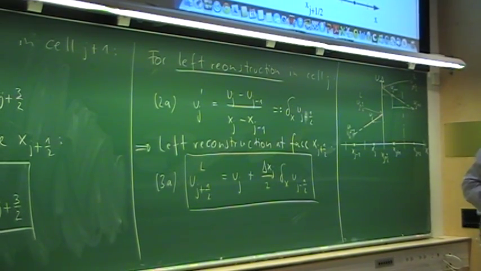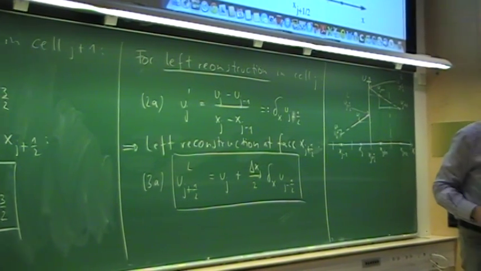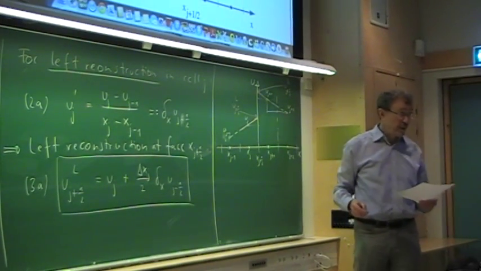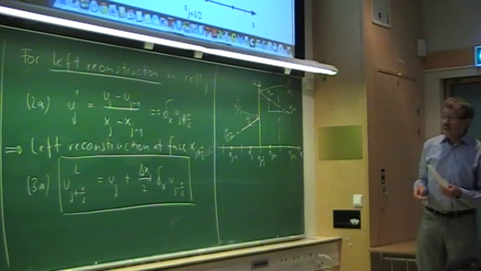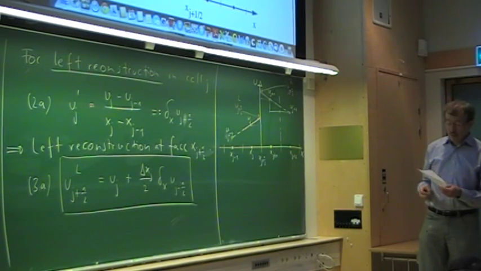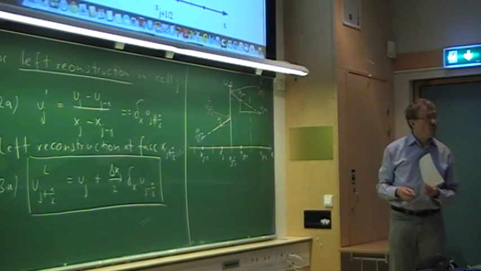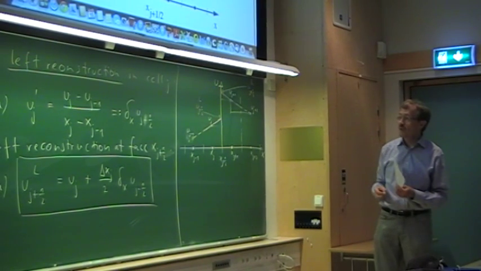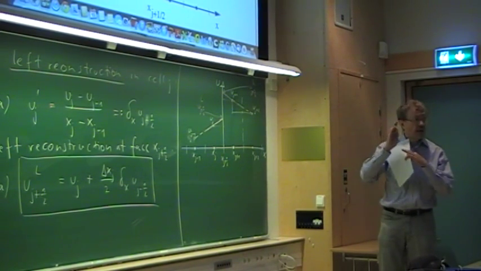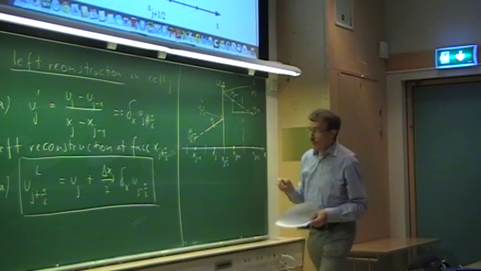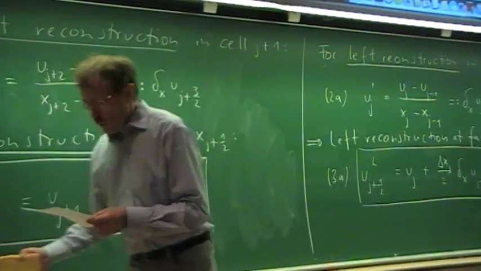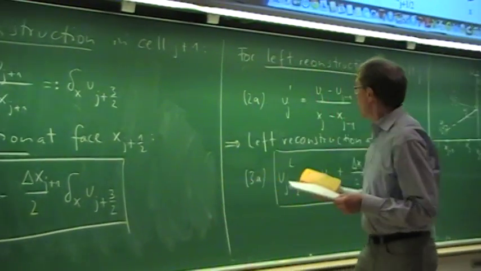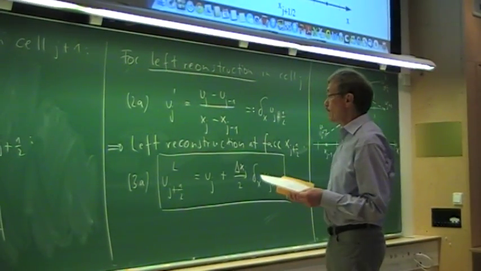So there are other possibilities that you could use. You could even use quadratic reconstruction. But in any case, what we get in the end are two more appropriate approximations of the function at the face. And these are then used to solve the Riemann problem for our case. Let's see.